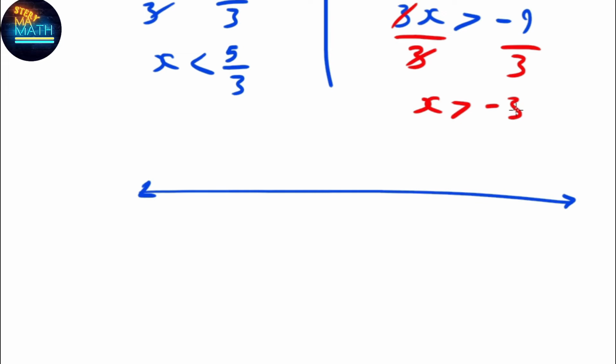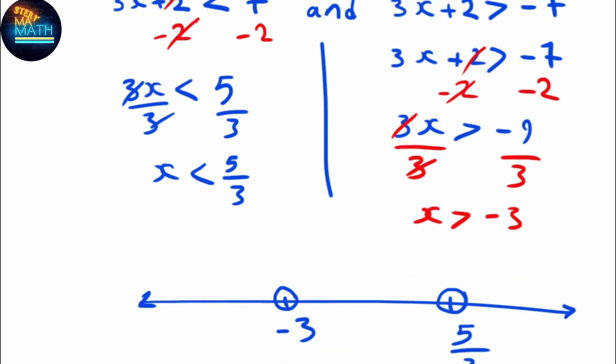Negative 3 will be on the left because it's a negative number. It's less than 5 over 3. So here's negative 3 and here is 5 over 3. Negative 3 doesn't have an equal sign, so it will be open, and also 5 over 3.